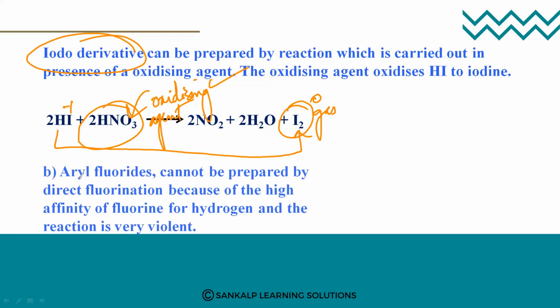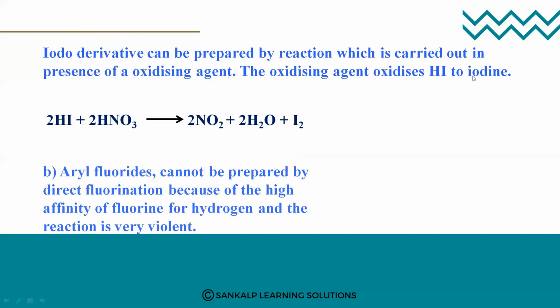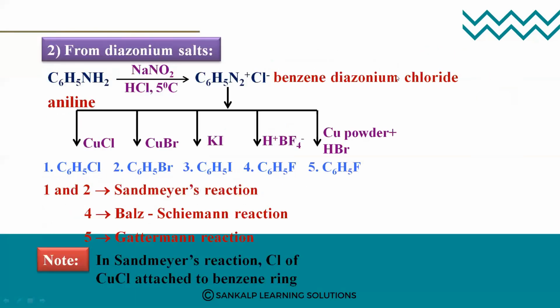Then the second point, aryl fluorides. Aryl fluorides cannot be prepared by direct fluorination because of the high affinity of fluorine for hydrogen, and the reaction is very violent. So these are some of the conditions for halogenation, about iodine and fluorine. Chlorination and bromination are possible.